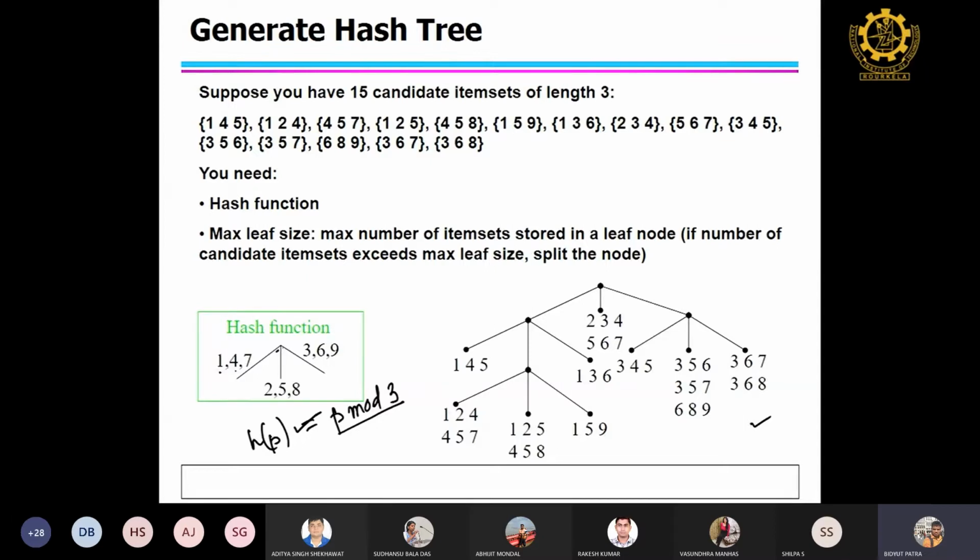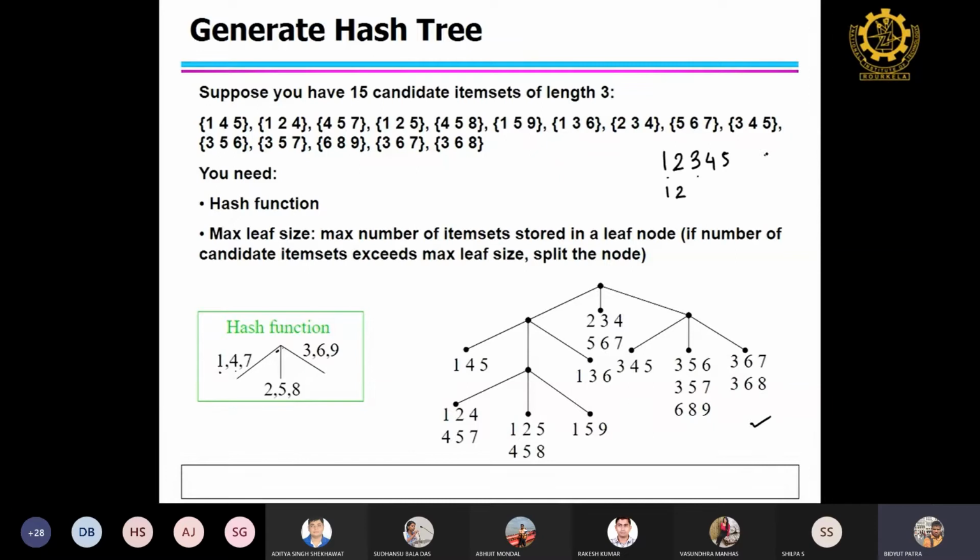And then when we form the item sets, we have to follow one principle. Let's say we have the items 1, 2, 3, 4, 5. First we generate the item set 1, 2, then 1, 3, then 1, 4, and 1, 5. Similarly, we will have the item sets 2, 3, 2, 4, 2, 5.